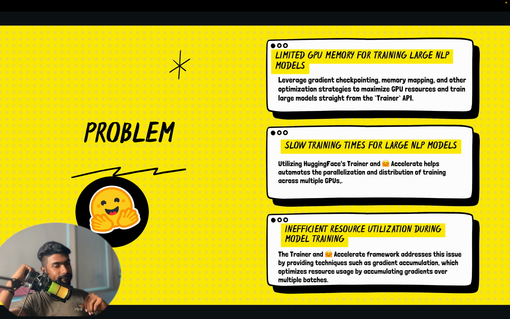But hey, like I said, with great power comes great responsibility, and we have also managed to figure out how to eliminate these typical problems. So the first problem is, like I said, limited GPU memory, and we can get around that problem using Hugging Face, which I'm going to show you, right? Slow training times. So how are we going to optimize the training time?